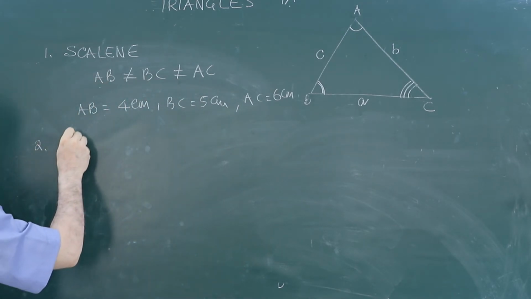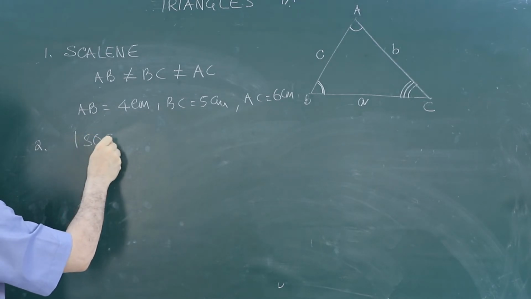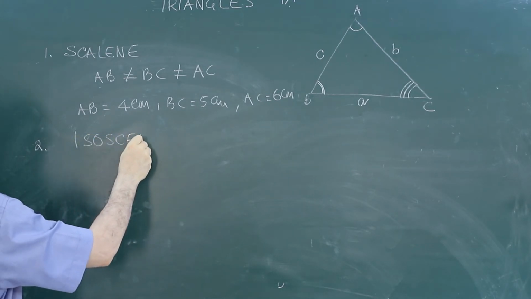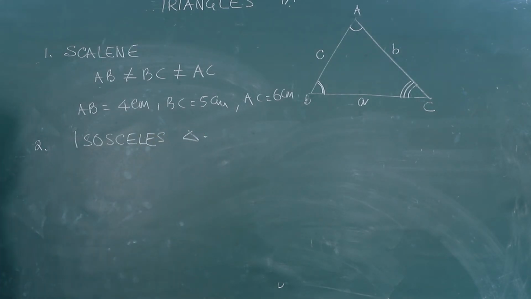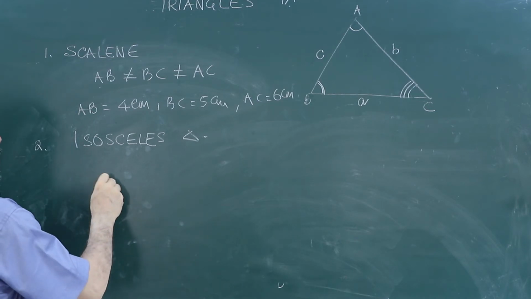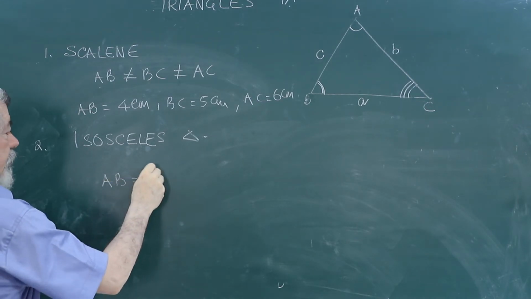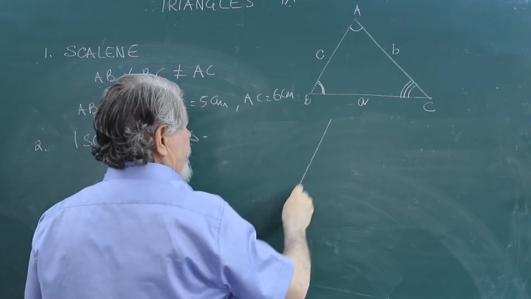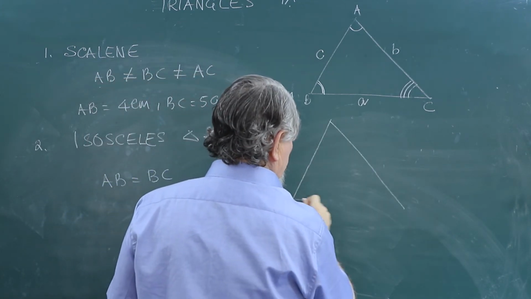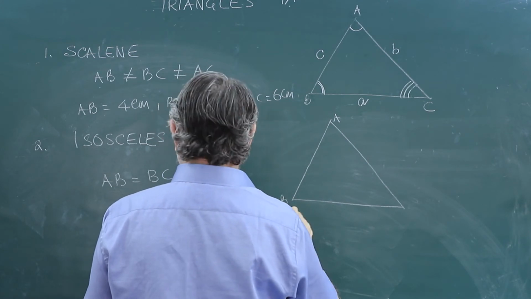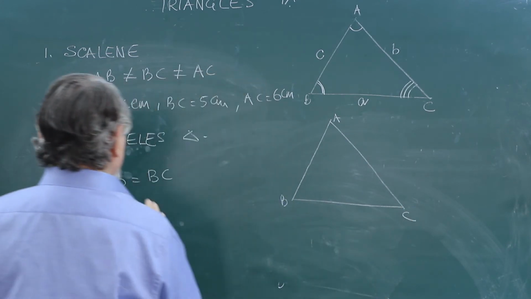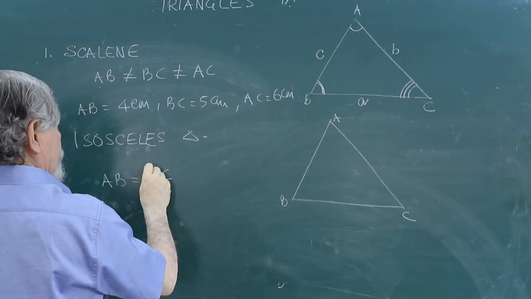Second one is isosceles, spelled I-S-O-S-C-E-L-E-S. Isosceles triangle: a triangle in which two of its sides are equal. Suppose I have a triangle A, B and C. Suppose AB is equal to AC.